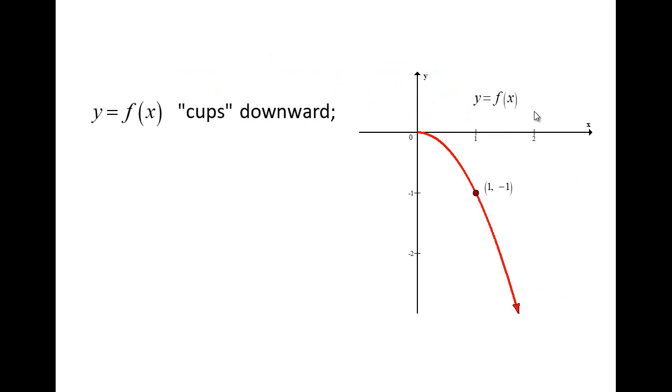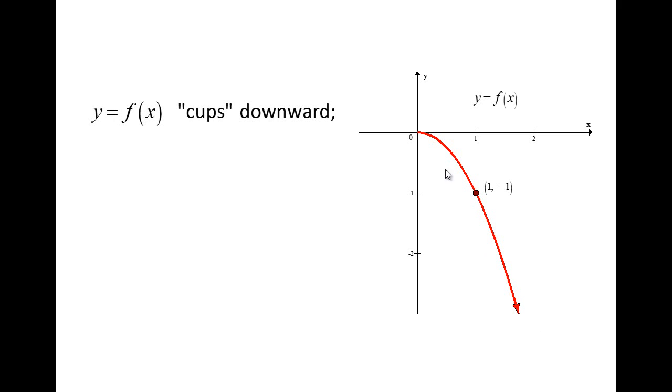Now the graph of f, which is equal to negative x squared, cups downward. So here, notice that at any point on the graph of f, the tangent line lies above the curve.